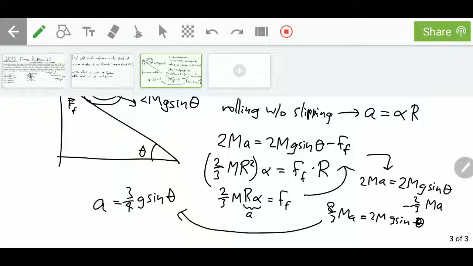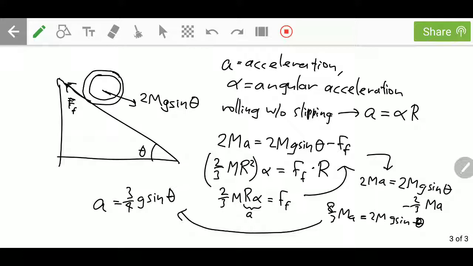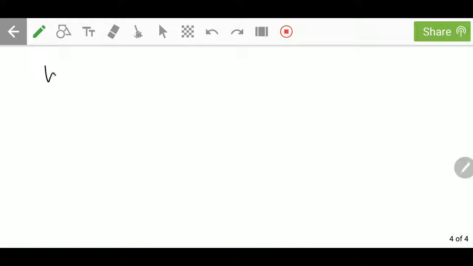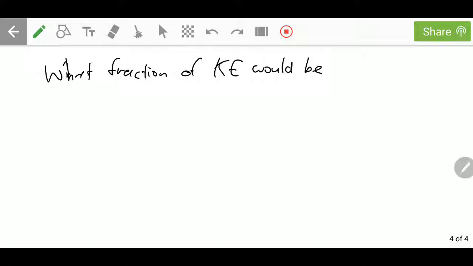Another way to see this would be to ask, what fraction of the kinetic energy would be translational, and what would be rotational.